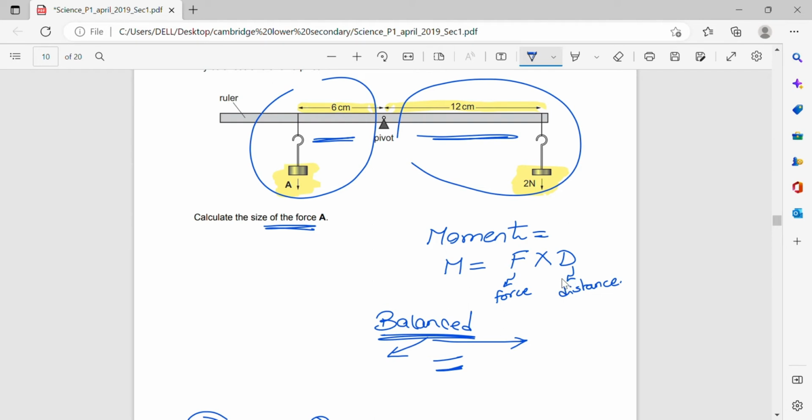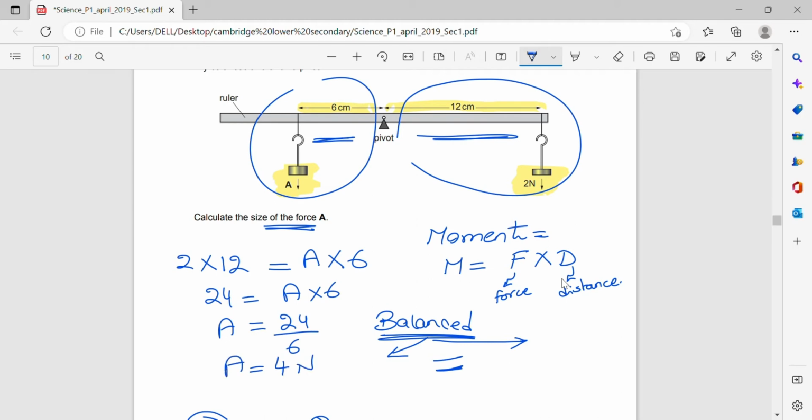يبقى عندي F times D اللي هي الايه ال 2 نيوتنز times ال 12 equal to ال A اللي هي الأنون عندي times A times ال 6. يبقى هنا 24 وهنا A times 6 يبقى ال A equal 24 divided by 6 يبقى ال A equal 4 نيوتن.